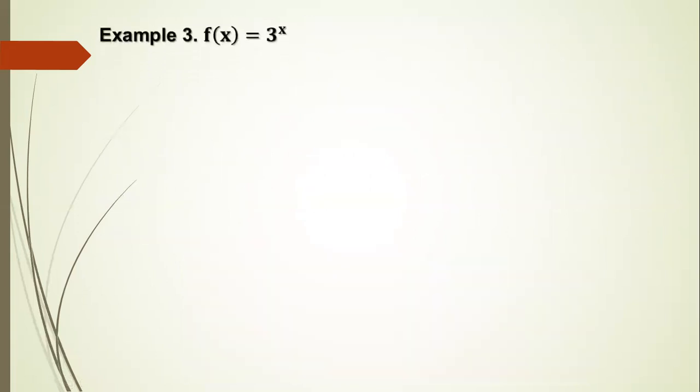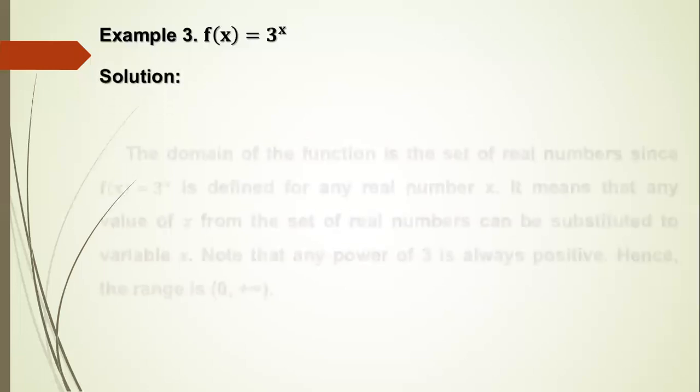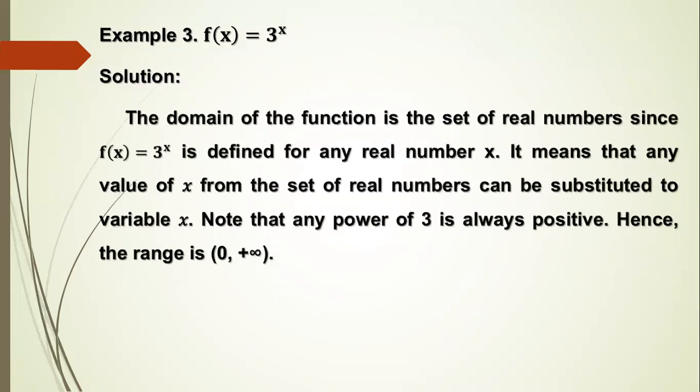For example, number 3, we have function of x equals 3 raised to x. So for the solution, actually we do not need to graph f of x equals 3 raised to x. The domain of the function is the set of real numbers since f of x equals 3 raised to x is defined for any real number x.